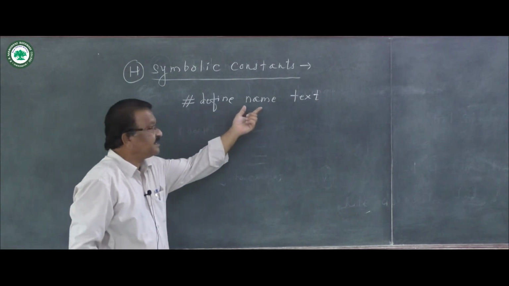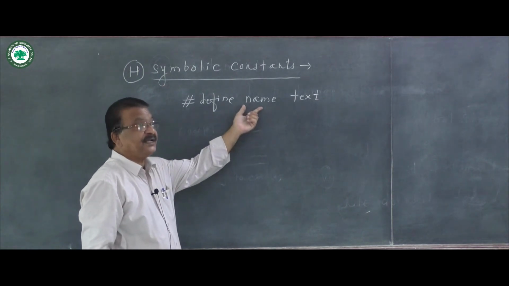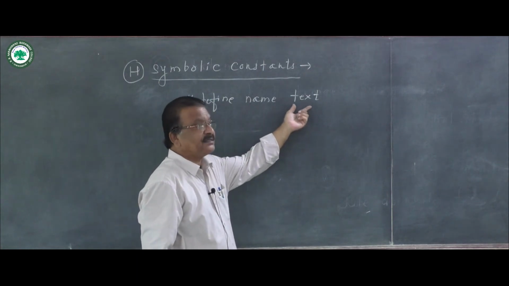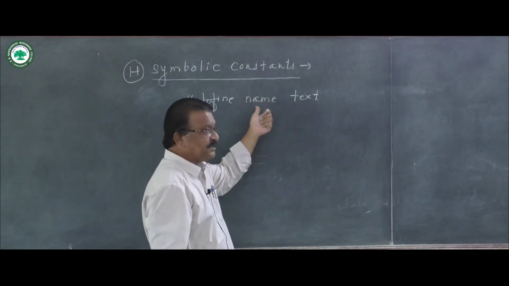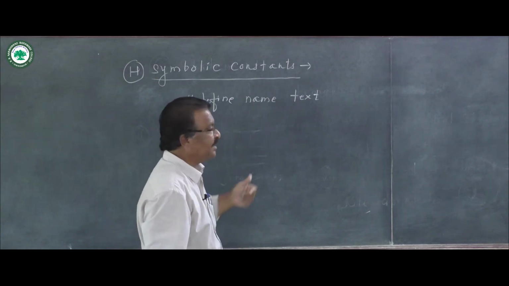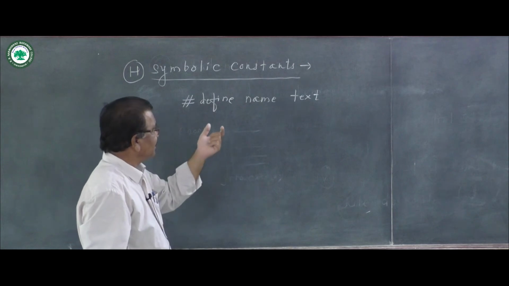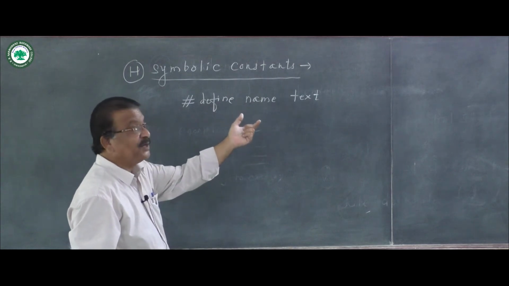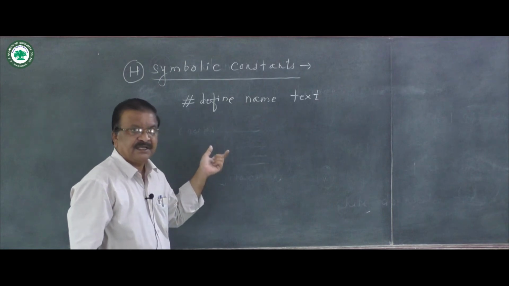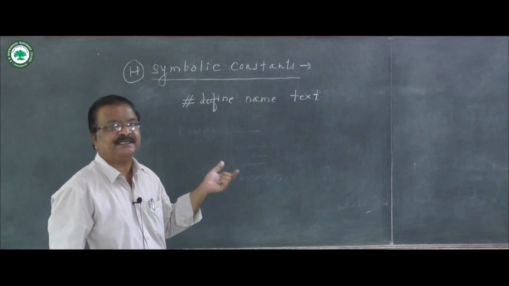Name is a symbolic name usually written in uppercase letters, and text is a sequence of characters that substitute for this symbolic name. Remember, this text does not end with a semicolon, since a symbolic constant definition is not a true C statement.